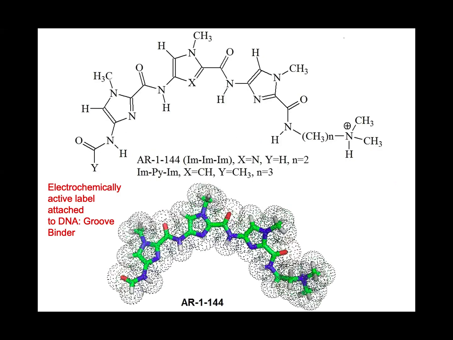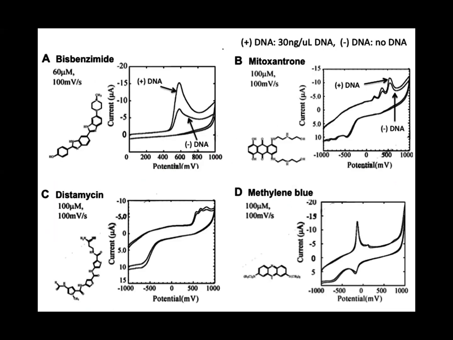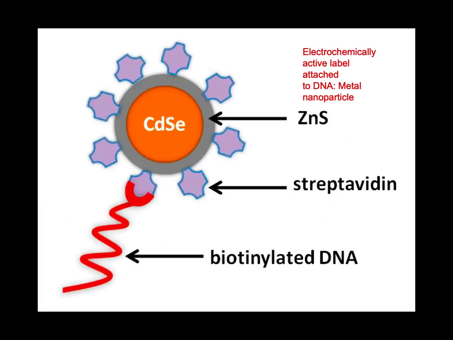Okay, so I have introduced you to 3 types: intercalator, groove binders, metal complexes. Let's go to this later. And there is also a metal nanoparticle that we can use to label the DNA as well. So you can see it does not go to the groove. It does not go to the intercalator site, but it is attached via chemical linkage.